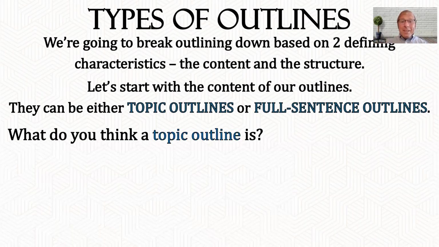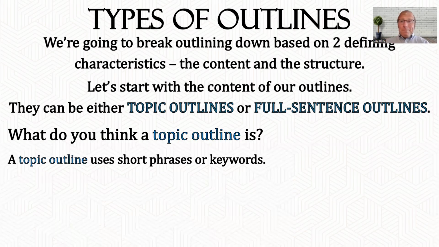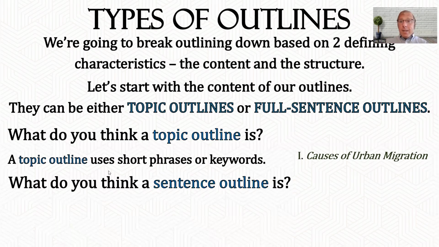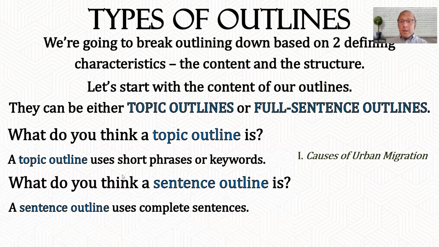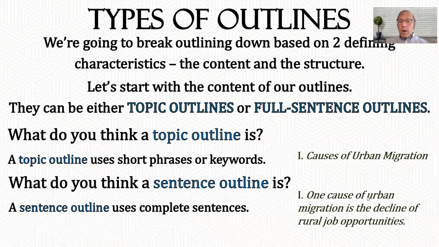The topic outline, we're simply going to write topics, the names of topics. We're going to rely on short phrases and keywords. So we might start with the causes of urban migration. Whereas sentence outlines, we're going to use full sentences, complete sentences. One cause of urban migration is the decline of rural job opportunities.